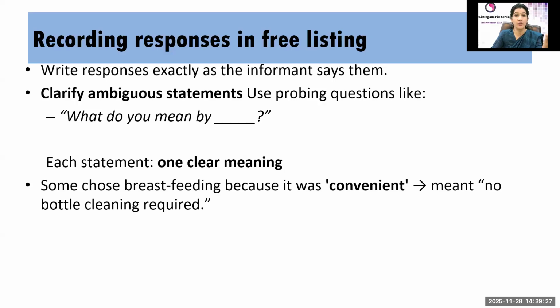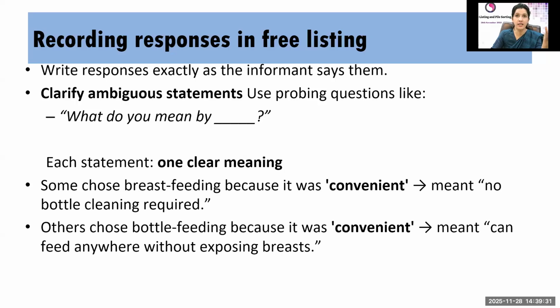But another group chose bottle feeding because it was convenient. For the women who preferred bottle feeding, convenient meant they did not have to expose their breast in public, when using transport, or in any family gathering. So that was the convenience for them.